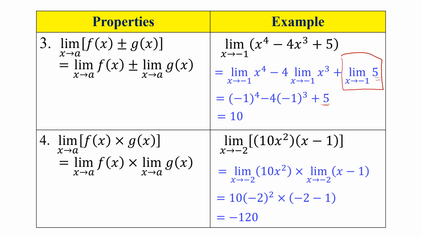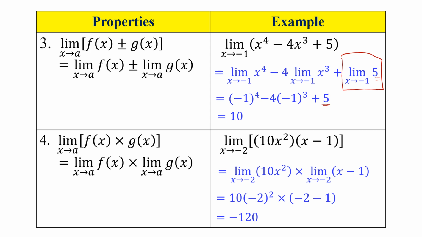The fourth property is the limit as x approaches a of function f(x) multiplied with g(x). Then we can split into the limit as x approaches a of f(x) times the limit as x approaches a of g(x). For example, the limit as x approaches negative 2 for the function 10x squared multiplied with x minus 1.